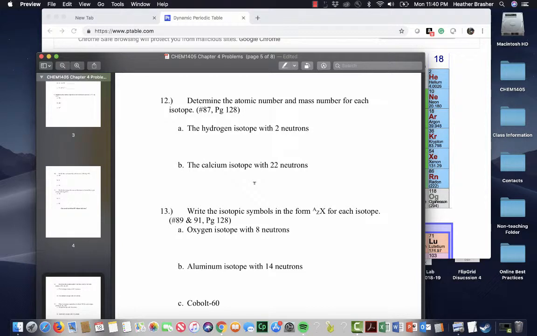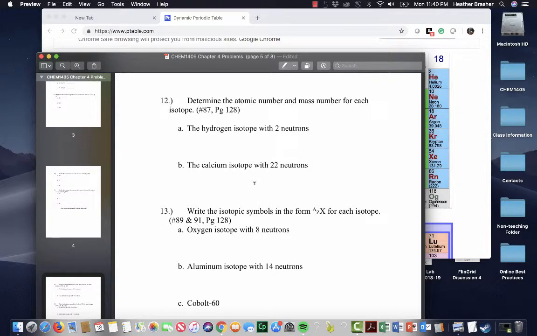And number 87 here is talking about isotopes. Isotopes can be found starting on page 115, and how you write them is right after. Ions have to do with losing and gaining electrons.